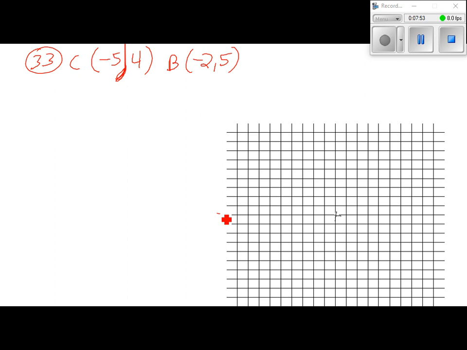Those are pretty normal numbers, so I can probably be right about in the middle. -5, 1, 2, 3, 4, 5, 2, 3, 4. Let's see. B is -2, 1, 2, 3, 4, 5.